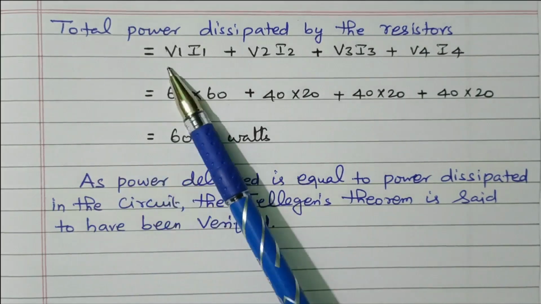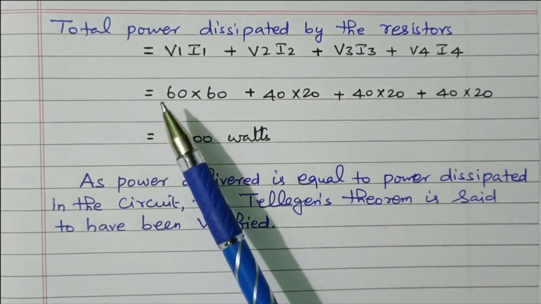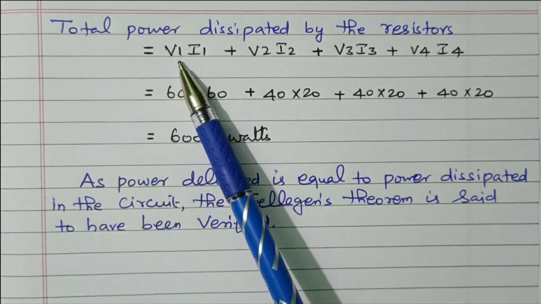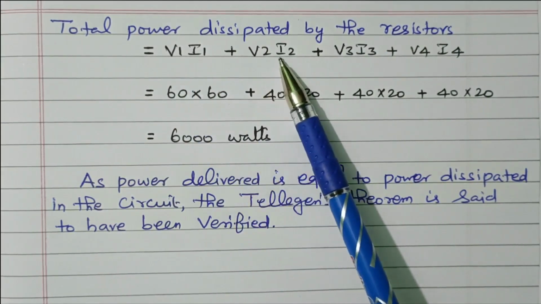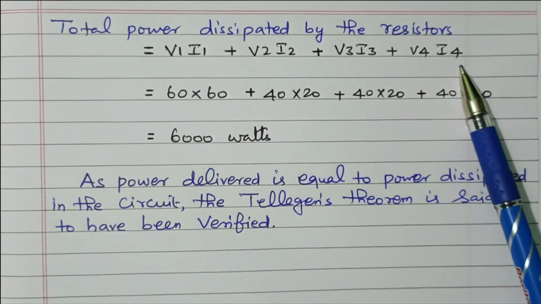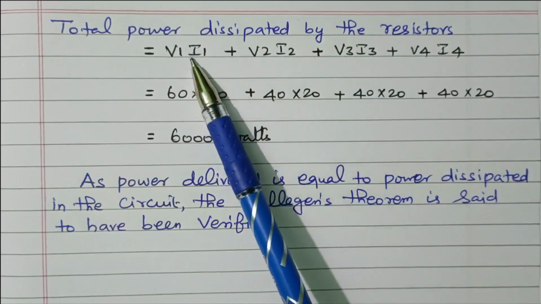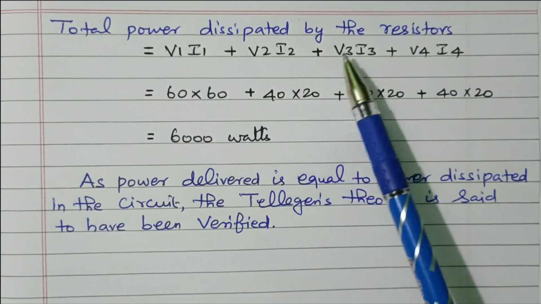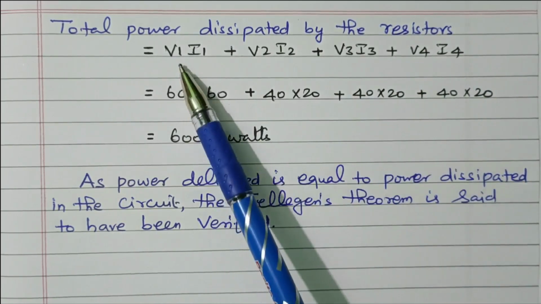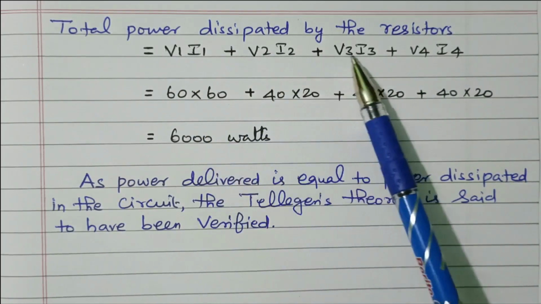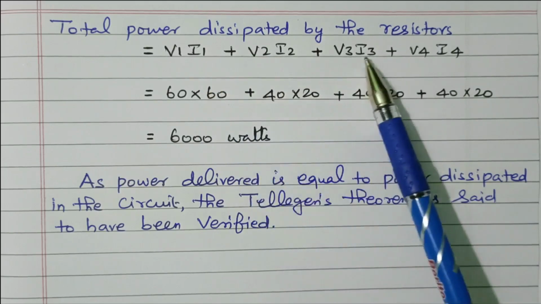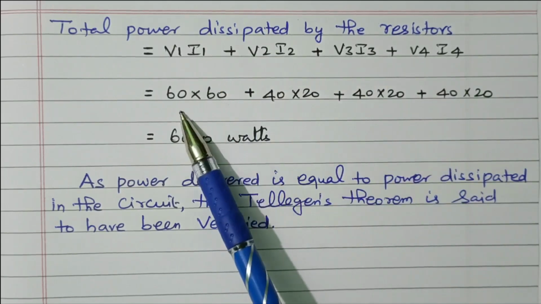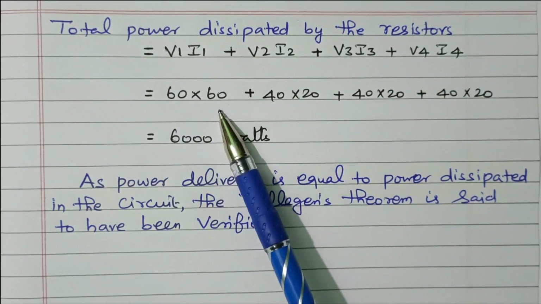So the total power dissipated by the resistors, there are 4 resistors available, is V1 I1 plus V2 I2 plus V3 I3 plus V4 I4. This is the first resistor connected, then these 3 resistors are connected in parallel, R2, R3, R4. V1 is 60 volts, I1 is 60 ampere.